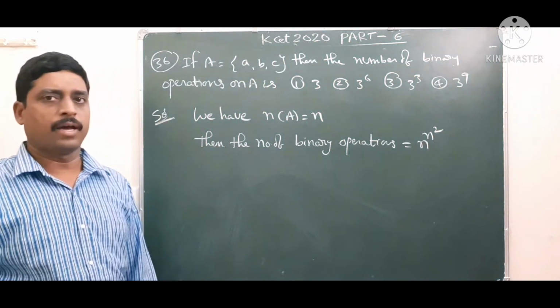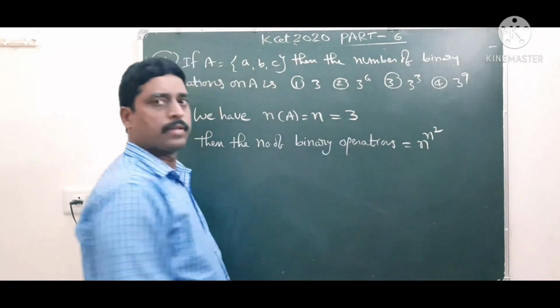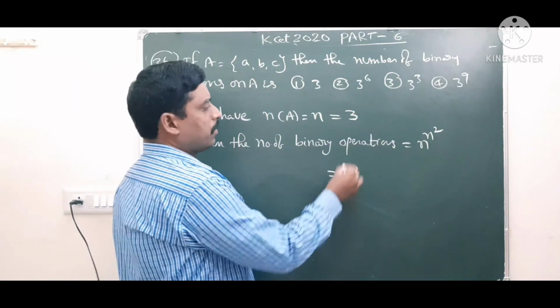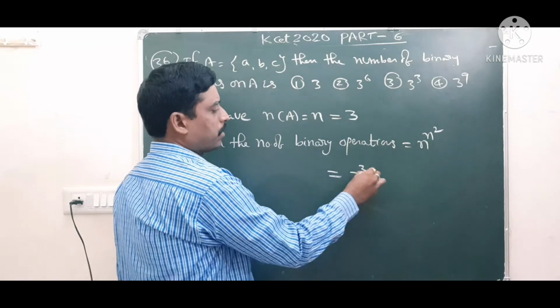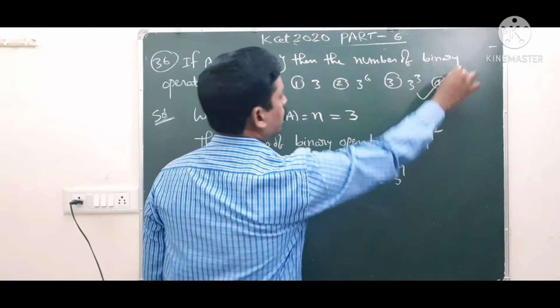From the statement, how many elements does A have? 3 elements are given. So in place of n we write 3 square. This is equal to 3 to the power 9. Option 4 is correct.